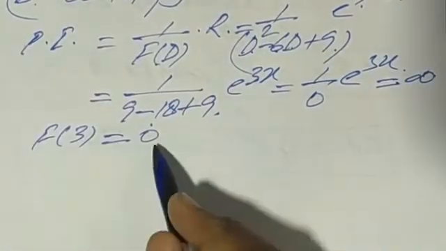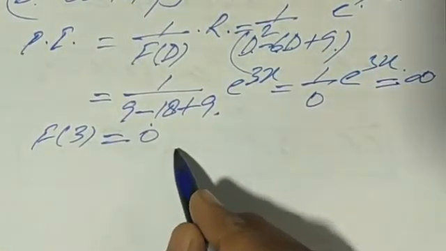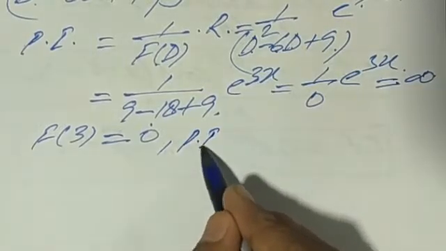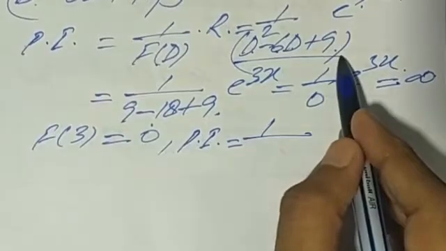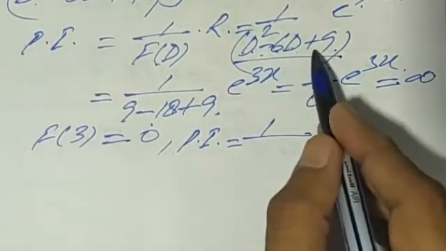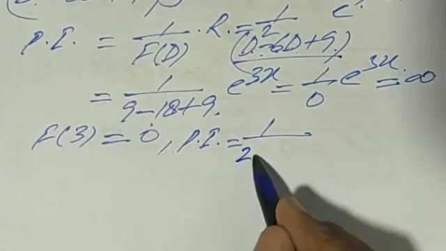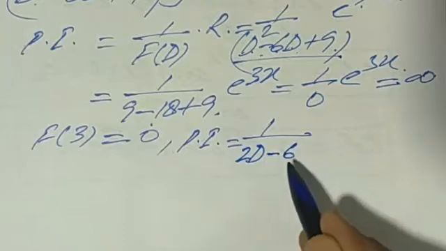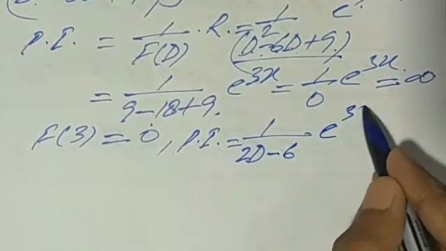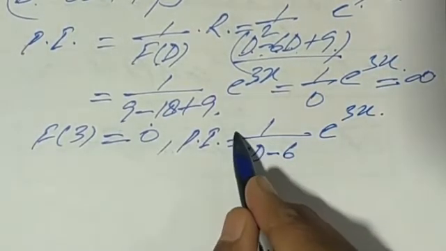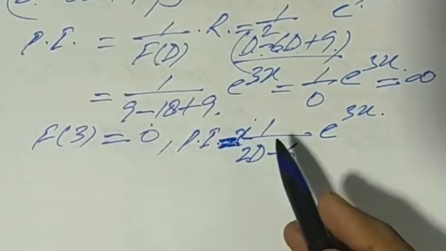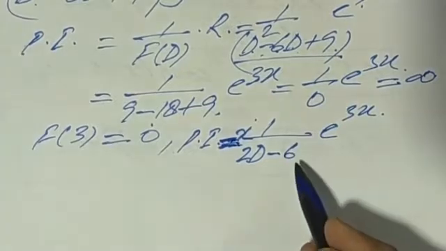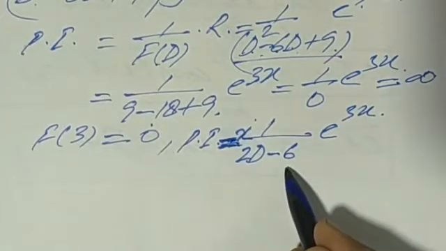So here f(3) is equal to 0, so the particular integral is written as 1 upon the differential of D square minus 6D plus 9, which will be 2D minus 6, and e raised to the power 3x as it is, taking x out, because we have to take one power of x outside every time we differentiate the denominator.